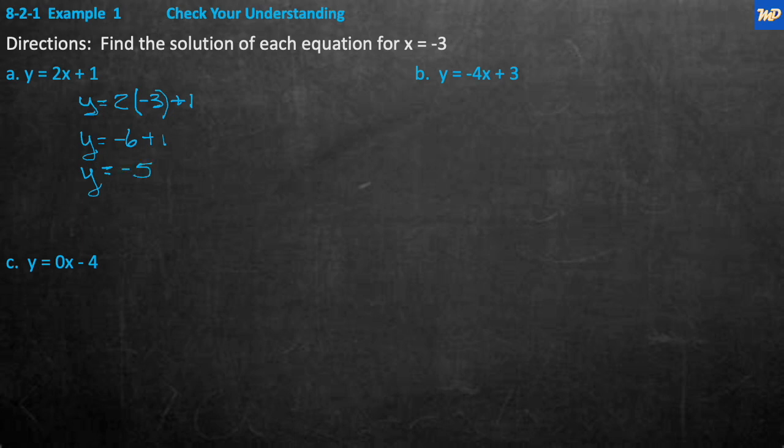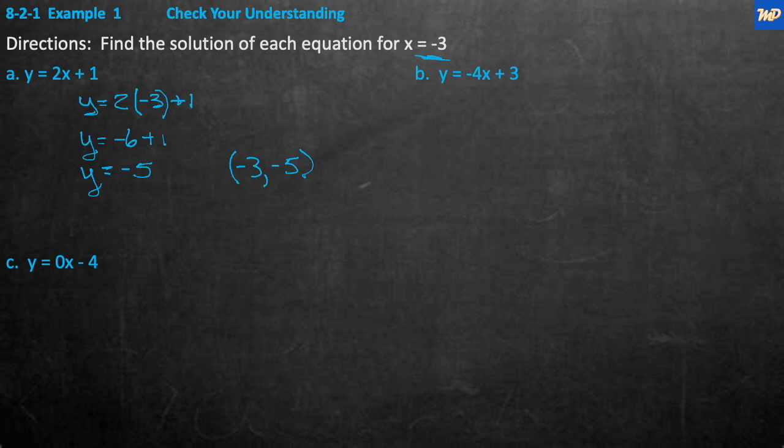So what would the solution be? If we're going to write it like we did before in the previous slide, we have parentheses, right? We have the x value and the y value. The x value is minus 3, comma, minus 5. That's the solution. X is minus 3, y is minus 5.